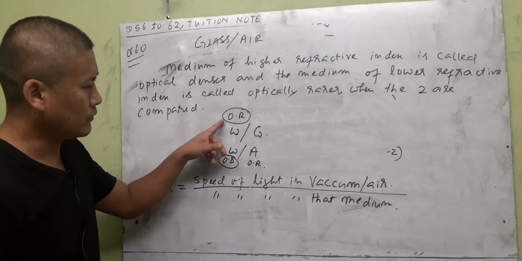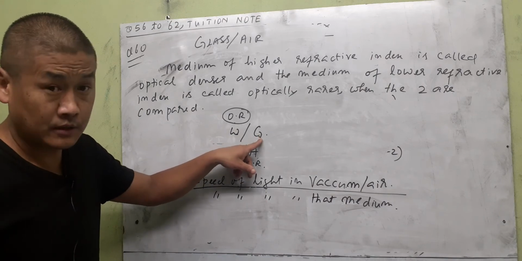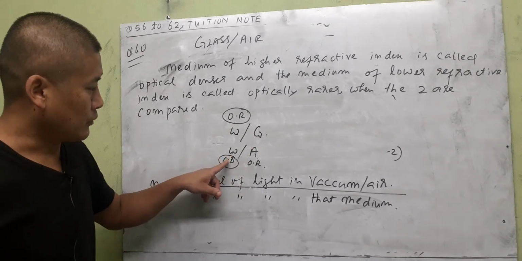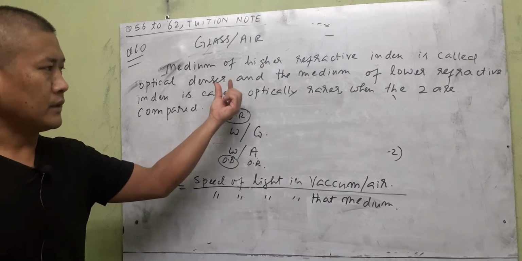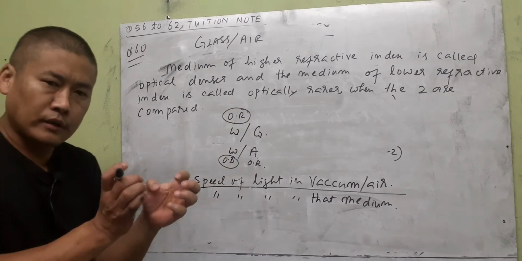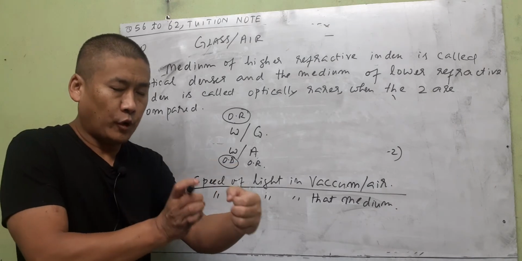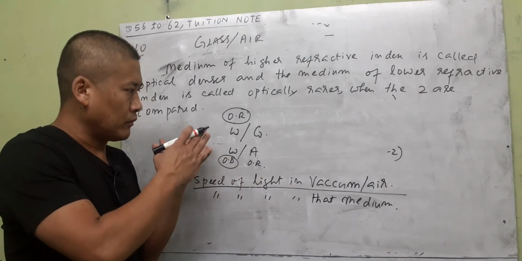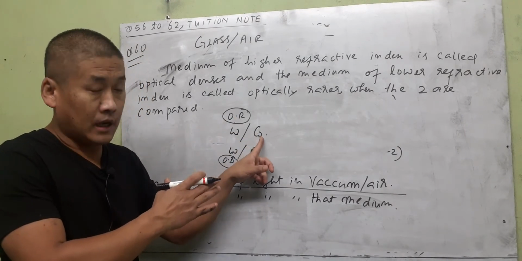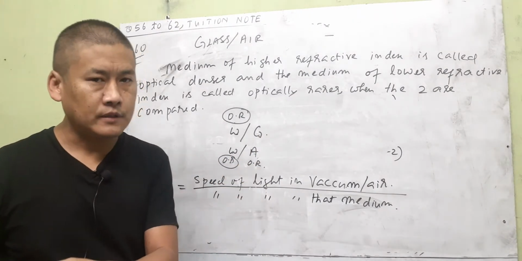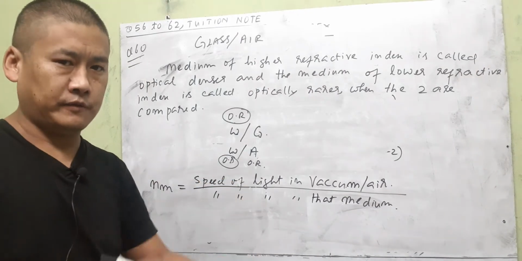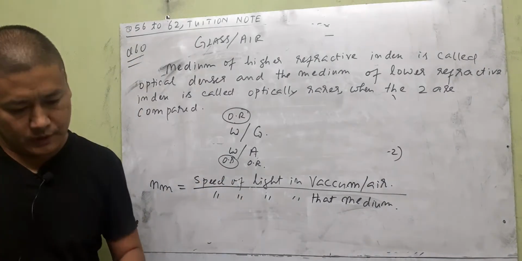So the same water which is optically rarer when compared to glass is optically denser when compared to air. So optically denser and rarer is a matter of comparing the two given optical media. So it's not a fixed term but a relative or comparative term. Okay, so that is question number 60.